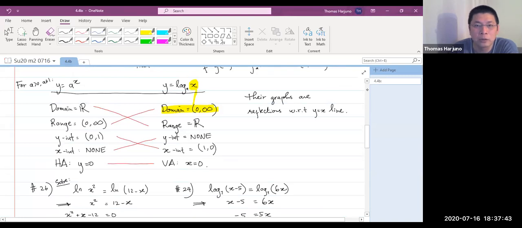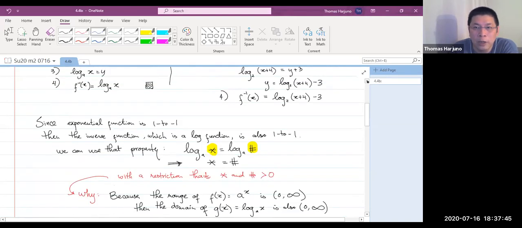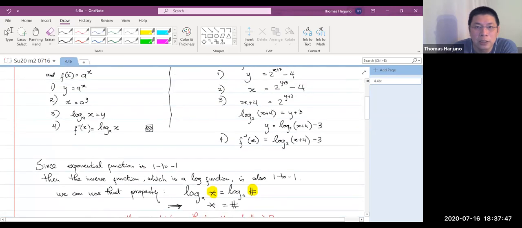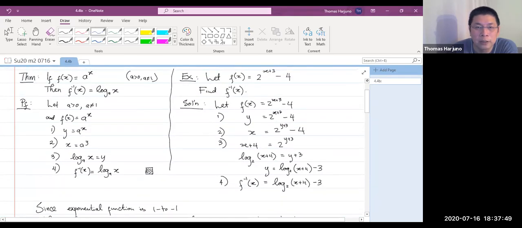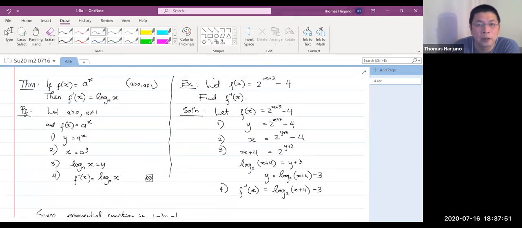Okay. Now, we have done this thing. f(x) equals 2 to the x plus 3 minus 4. Okay, there are two ways to work on this problem, but I prefer to see this function here, the log function, not the exponential function.